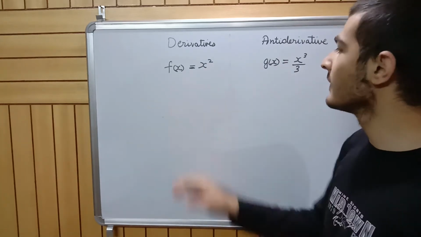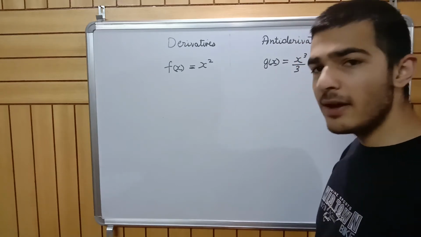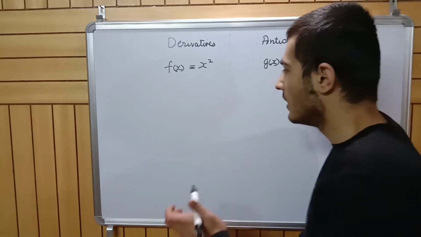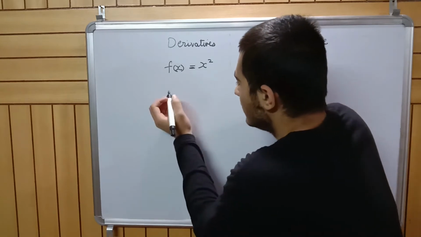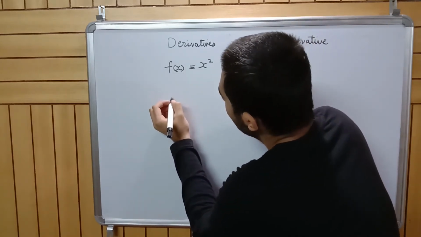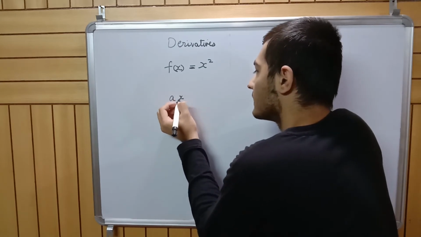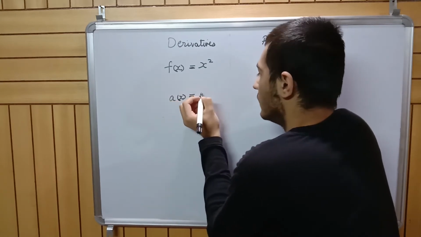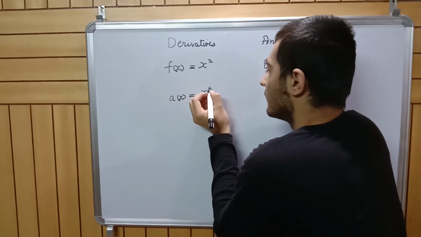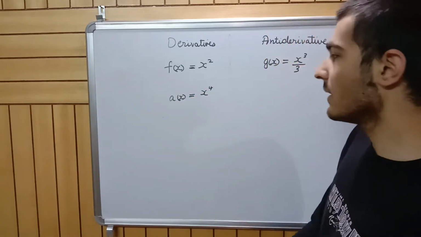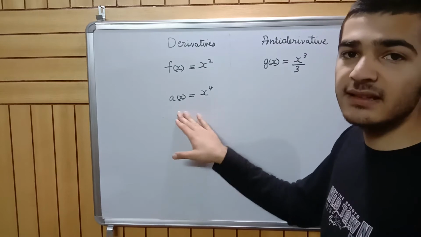Okay, that is clear. Now if I give you another function, let's say a of x equals x raised to power 4, how do you find the area under this curve?